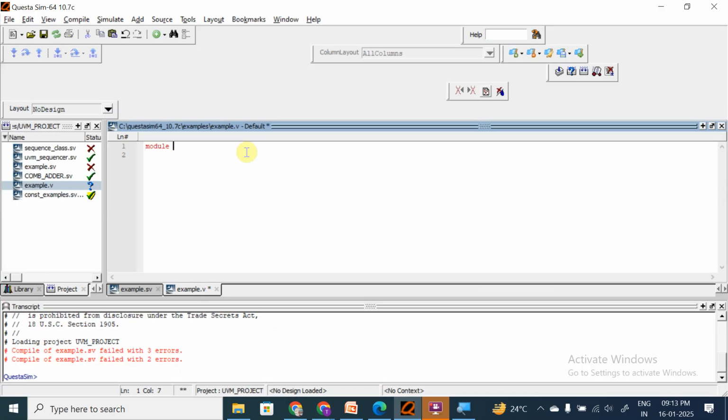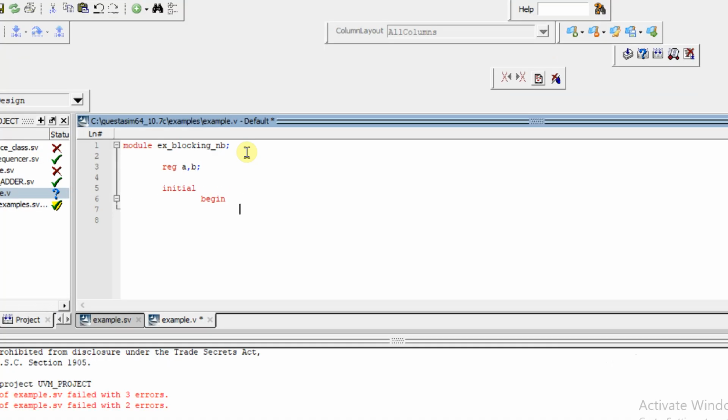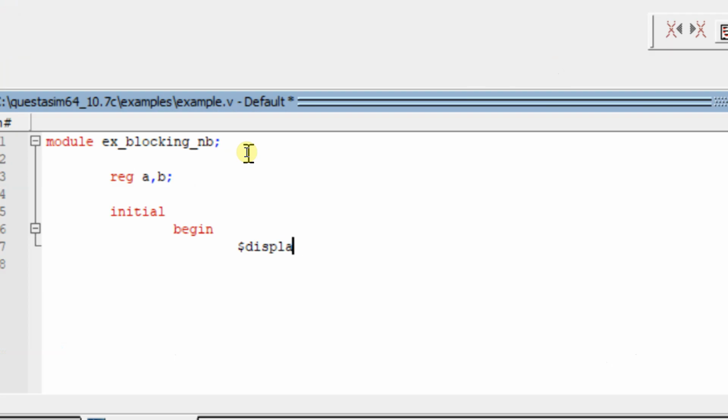So let me declare module ex_blocking_non_blocking. Okay. And if I declare reg a, b and within an initial begin block, what I'm doing, $display values of a and b are %d, %d, comma a, comma b.